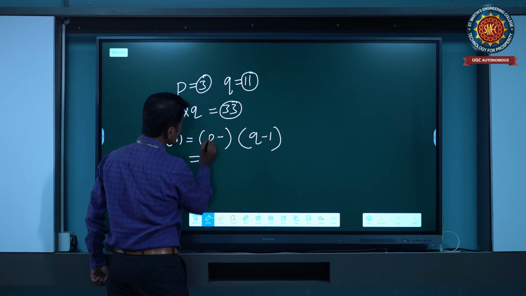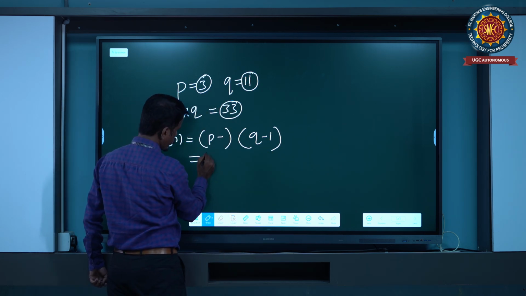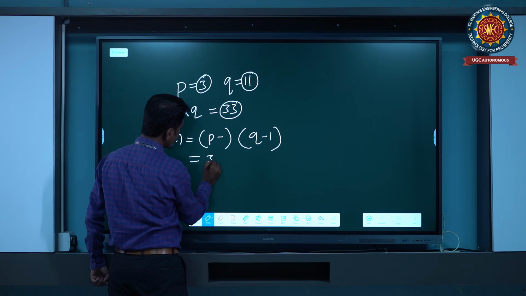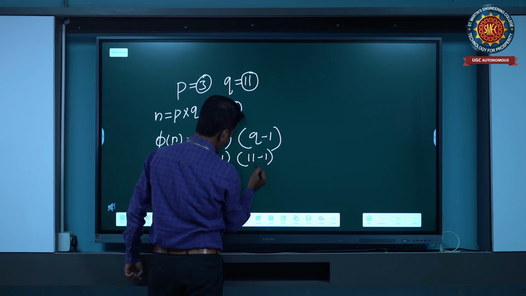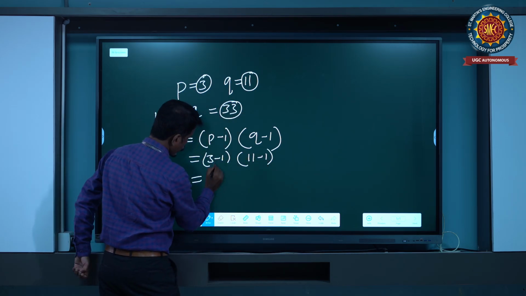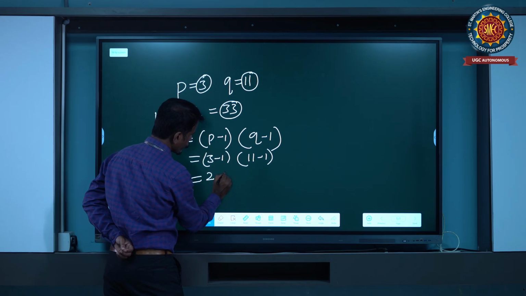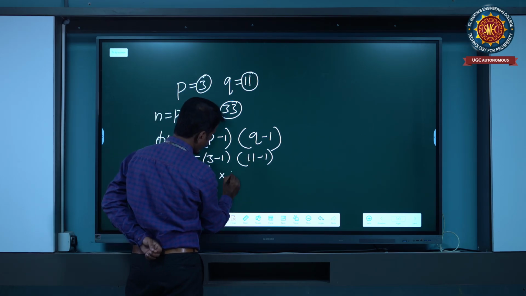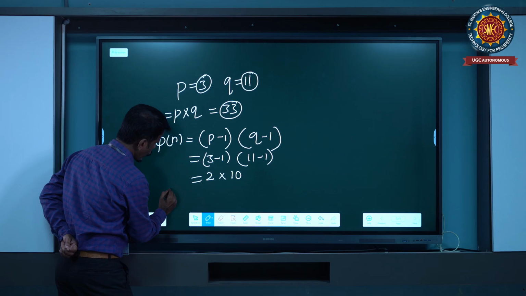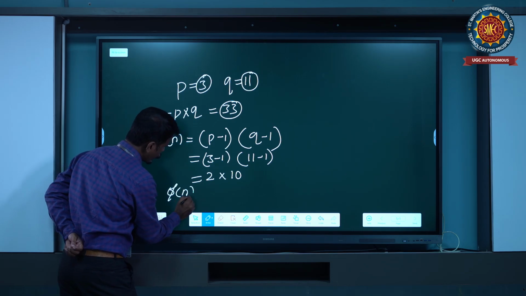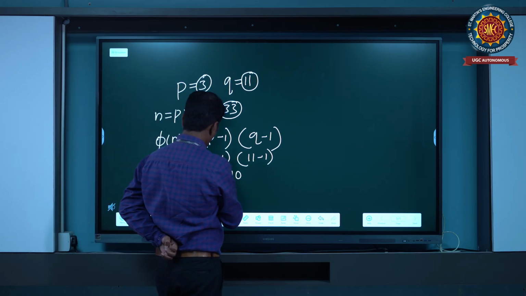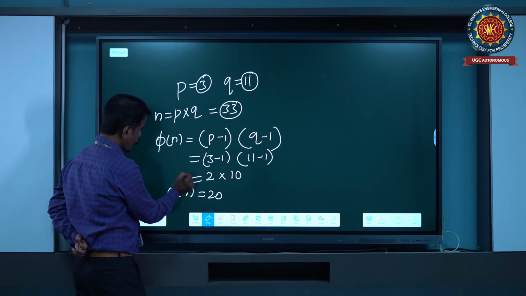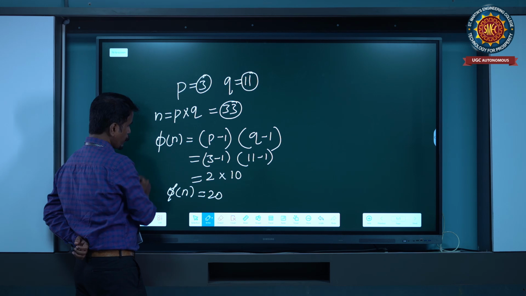P is 3, 3 minus 1 is 2, and q is 11, 11 minus 1 is 10. Now phi of n value is 20. This 20 is the Euler totient value.